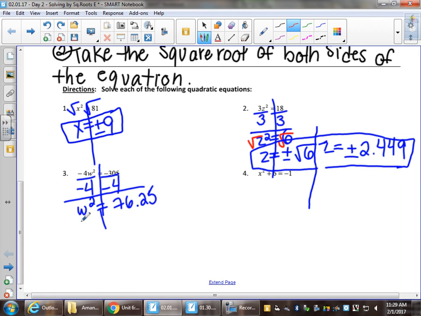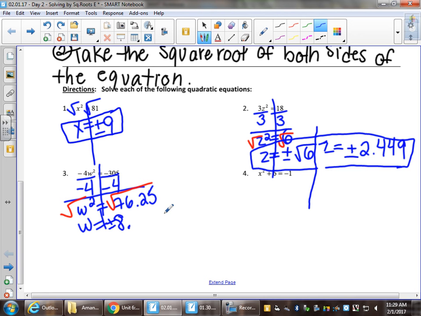Next, what are we going to do? We're going to do the square root of both sides. So we're left with, what's the square root of 76.25? Plus or minus? One person has it, we need more than one. Did everyone get it?